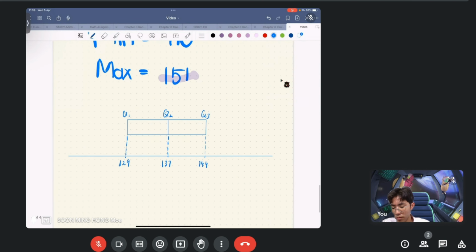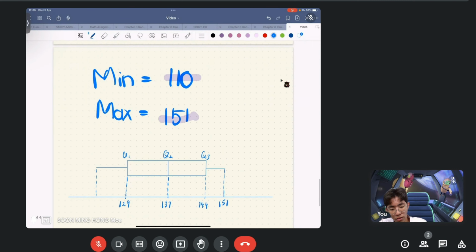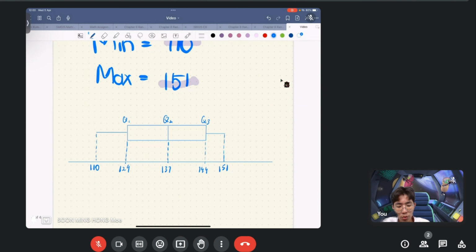Okay, after that we can draw our maximum point and minimum point. So our maximum point is 151 and our minimum point is 110. Okay, after this we put in our lower fence and upper fence.